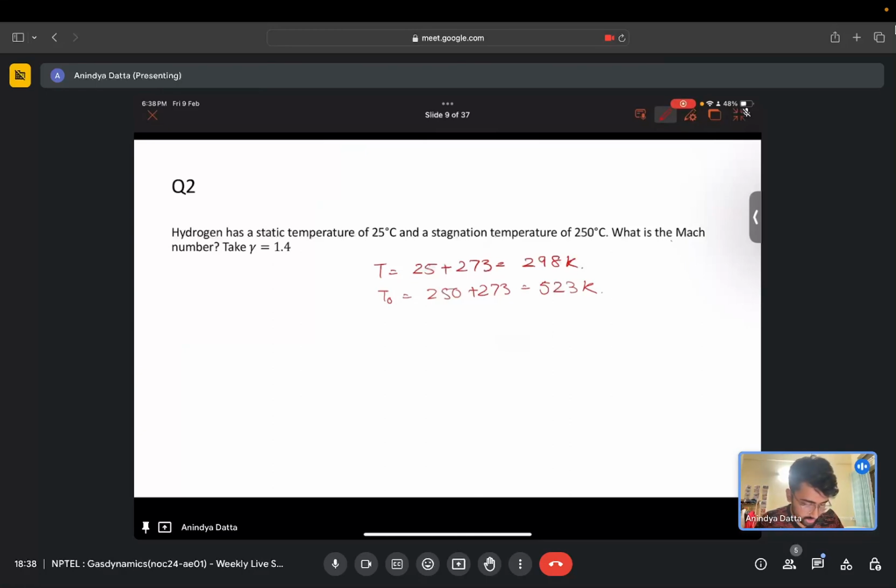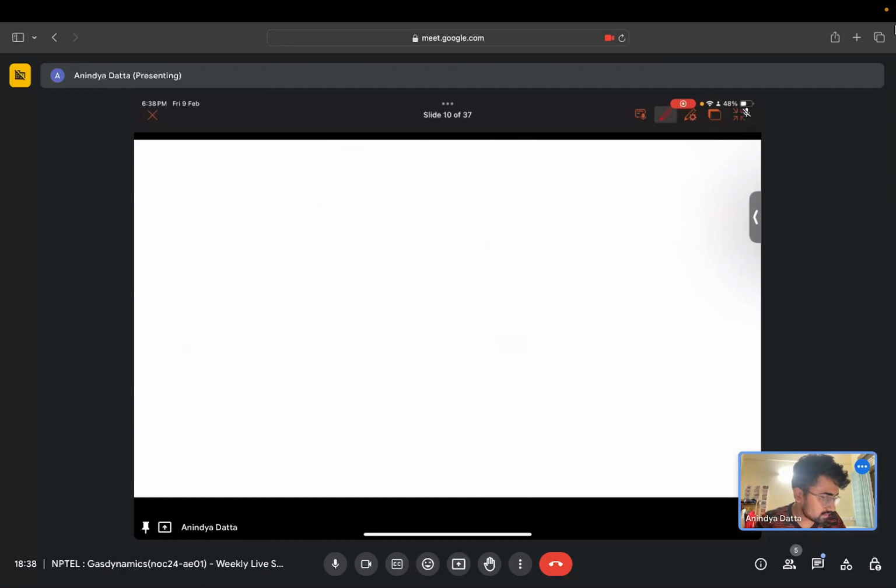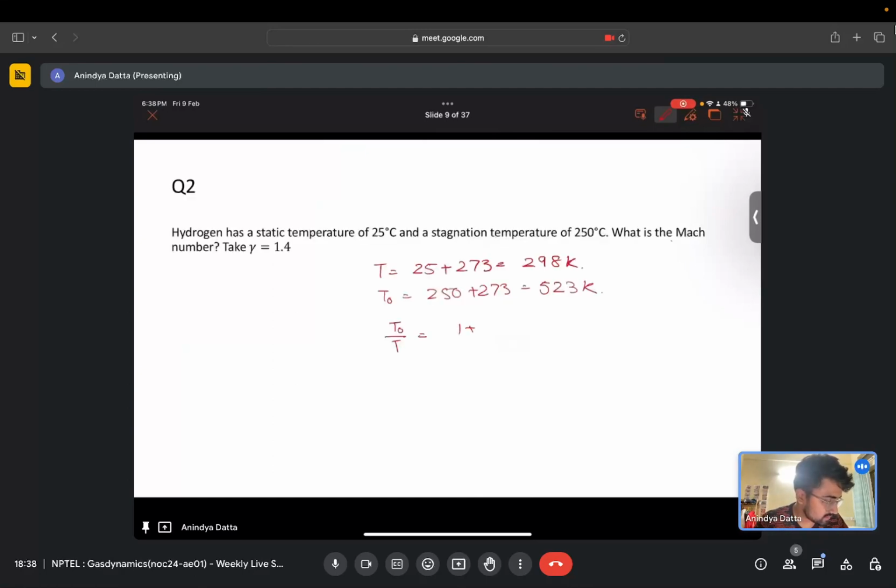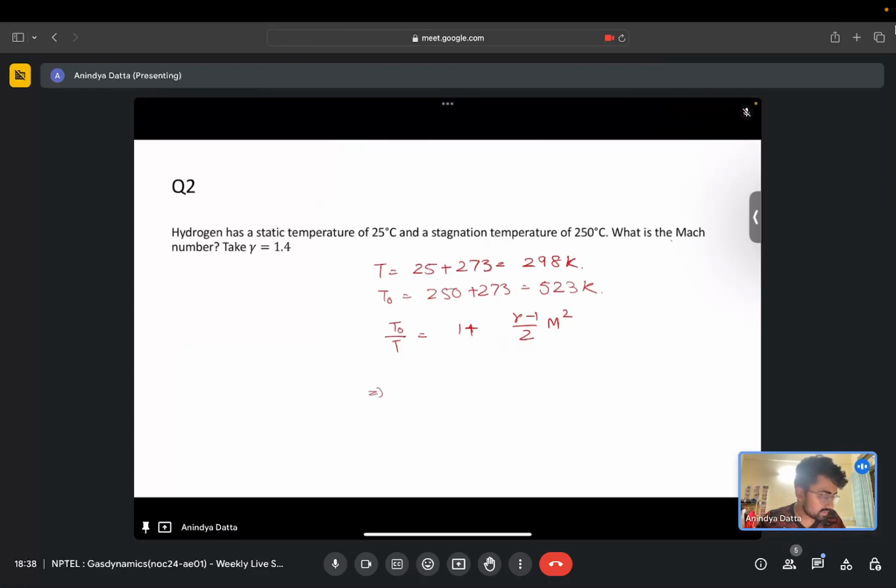So what we will do here, we know the relation T0 by T is equal to 1 plus gamma minus 1 by 2 M square. Here we know T0, T and gamma, so M is the unknown, so we just rearrange this equation. T0 by T minus 1 is equal to gamma minus 1 by 2 M square.